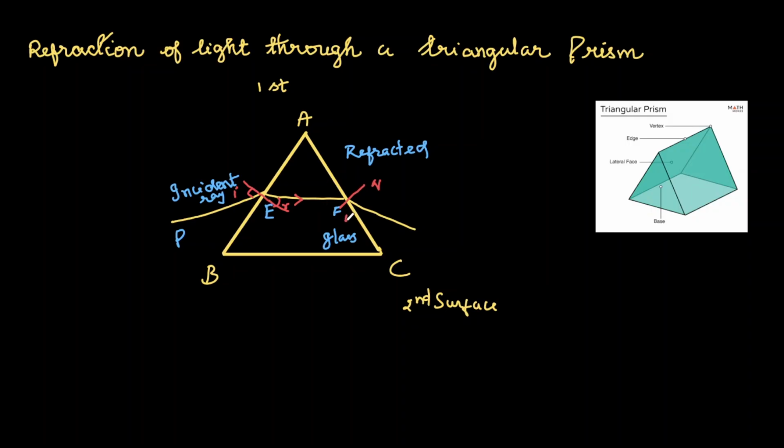This is the normal. As it is moving from the glass to the air, it bends away from the normal. This is the angle of incidence, and this is the angle of refraction. This ray, F and S, is the emergent ray.